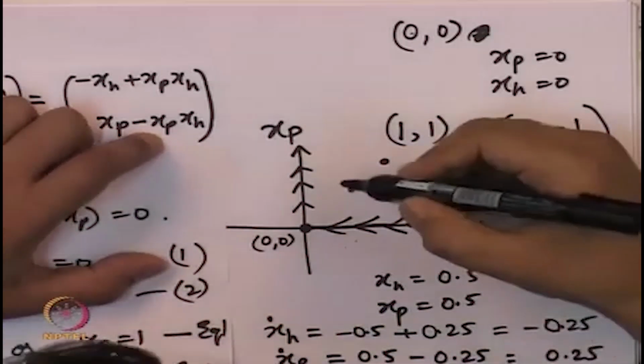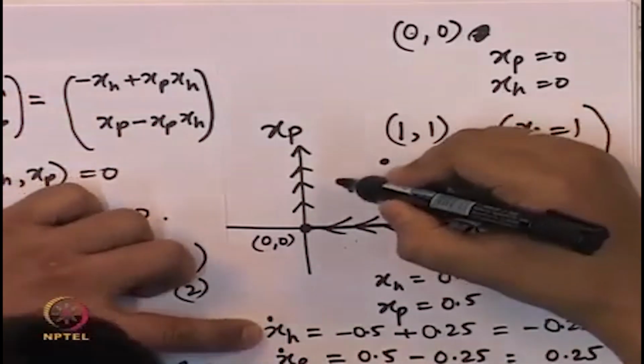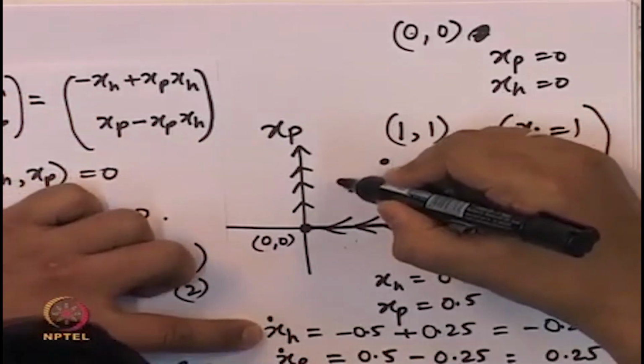So this is a vector whose xh component is negative but xp component is positive.